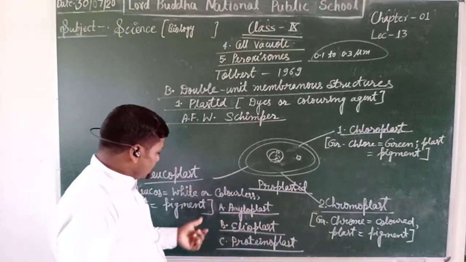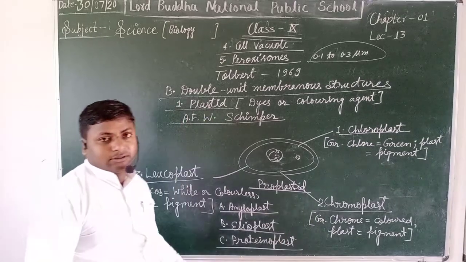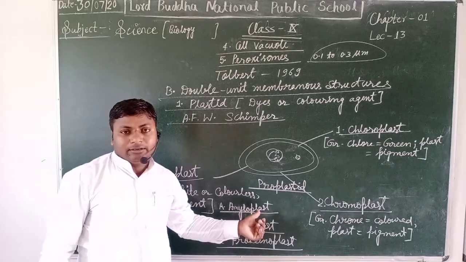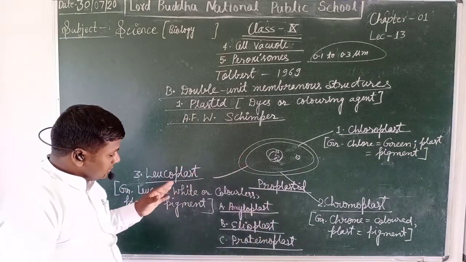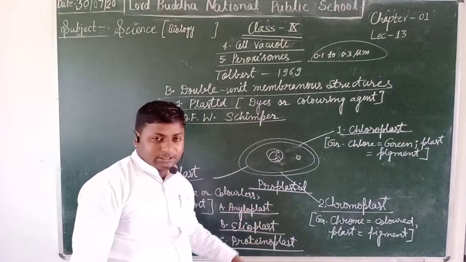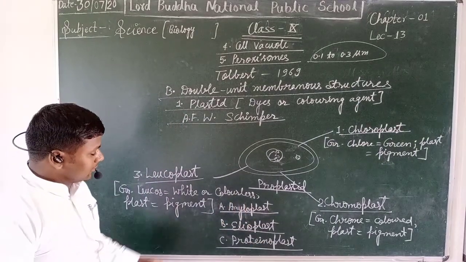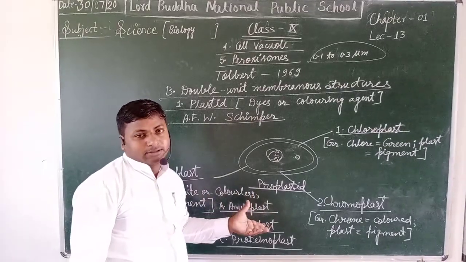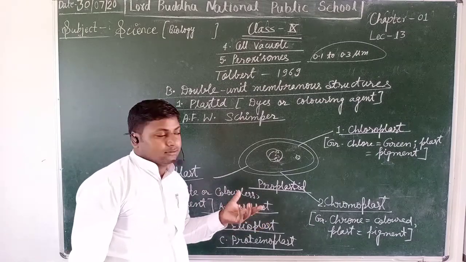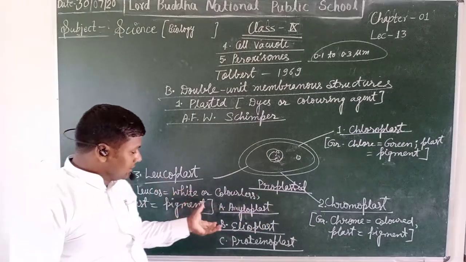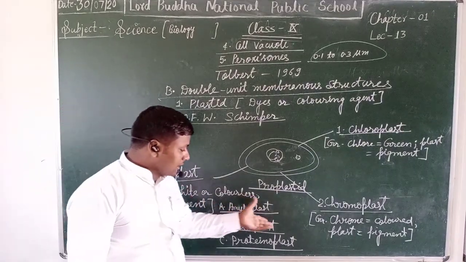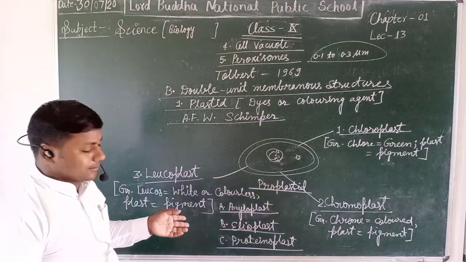First we are talking about the amyloplast. Students, the term amyl denotes starch, and plast means pigment. These are the kind of leucoplasts which are generally found inside the seed grains, and they are responsible for the storage of starch or carbohydrate-like substances.